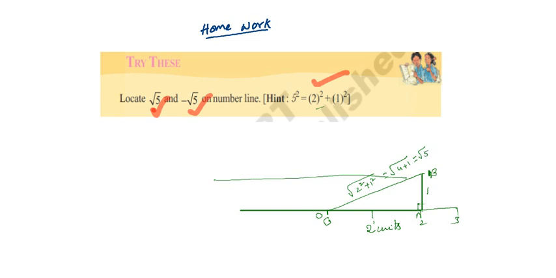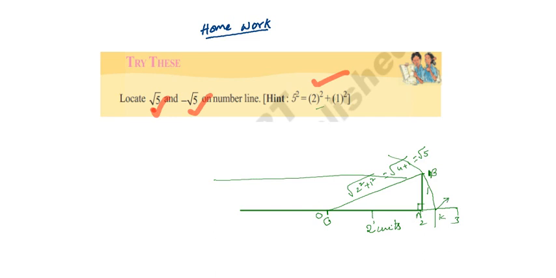In previous problems we took each side as 1 unit to locate root 2, and in the same way here we take base OA, one side, as 2 units and the perpendicular side as 1 unit. Again you take OB as radius and draw an arc with the help of a compass that intersects the number line at some point K that indicates root 5.